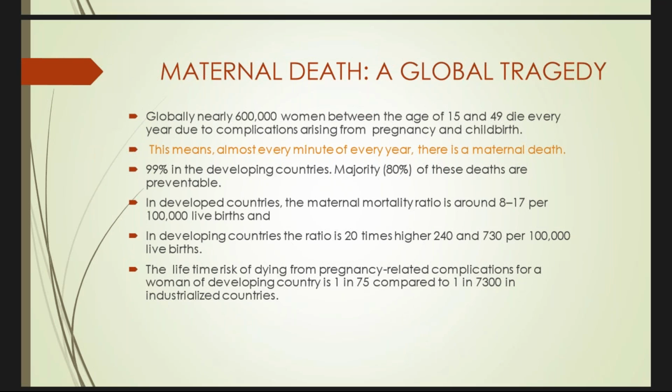That too in developing countries, it will be more compared to developed countries, because of poorer accessibility to health services and poor knowledge and education of the women and also their families. So this means almost every minute a year there is a maternal death, and 99% of these deaths are from the developing countries, and the majority of these deaths are preventable.